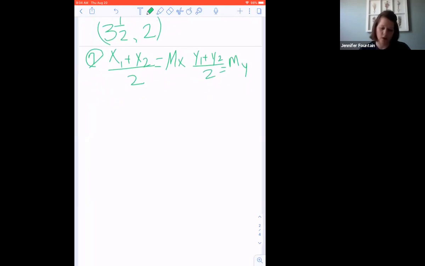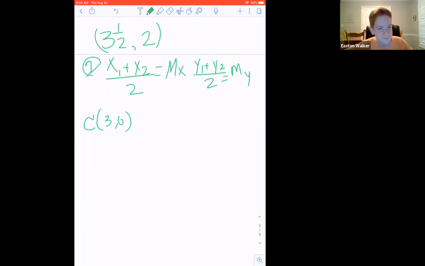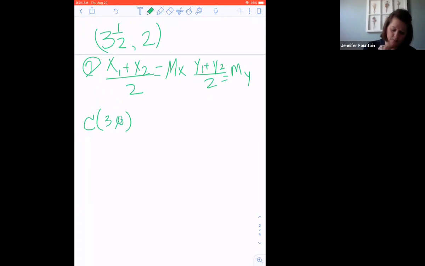Okay? So now in number 7, I have point C, which is (3, 0). Yes, Easton? I didn't mean to, my bad. Oh, it's okay, no problem. Okay, so C is (3, 0), and our midpoint is (3, 4). So now we're going to start with our x values.